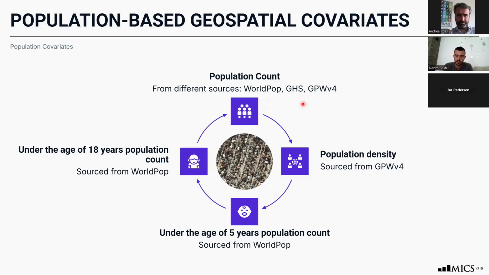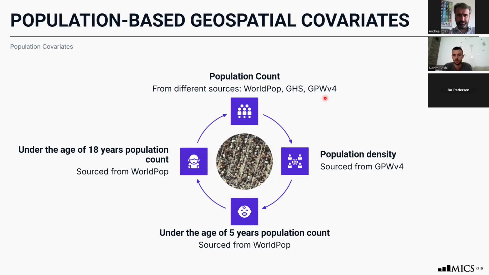And then for the GHSL, we are using the population estimates at the resolution of square kilometers, with data from the year 2000 to 2025. And GPW, which is the Gridded Population of the World, version 4.11. And these populations are adjusted to the UN population estimates.